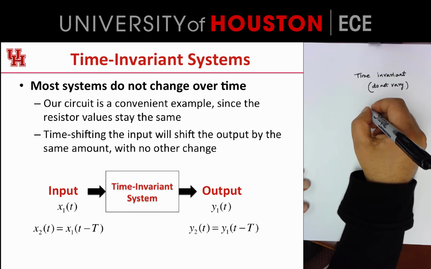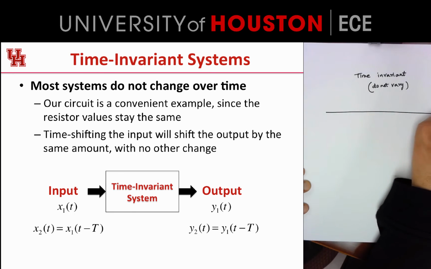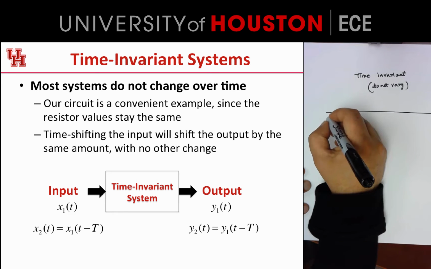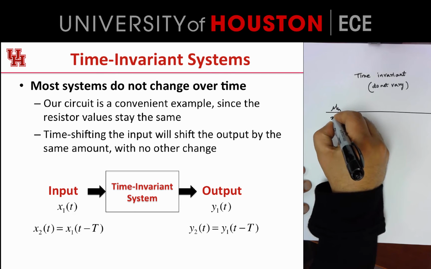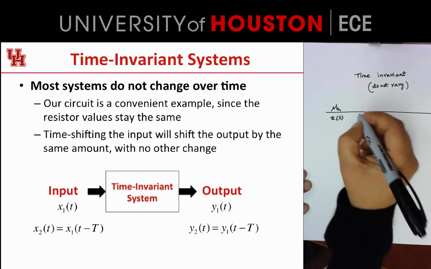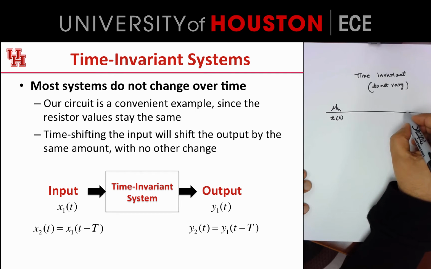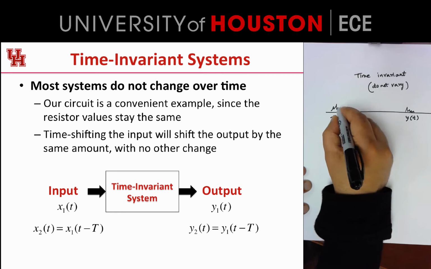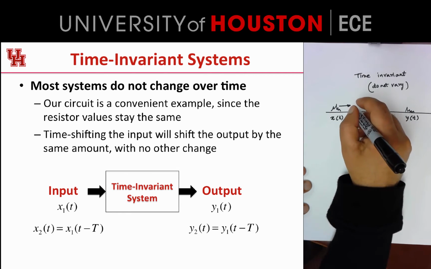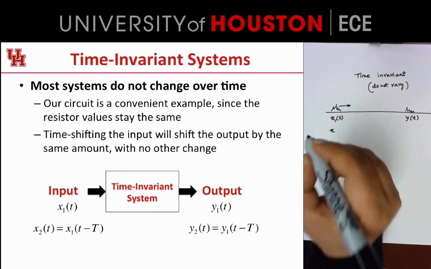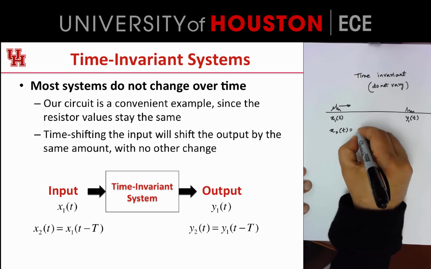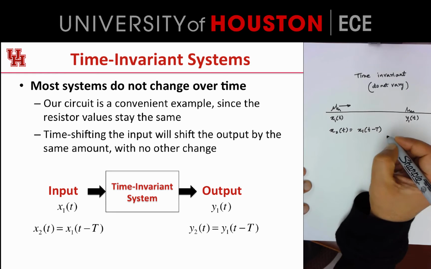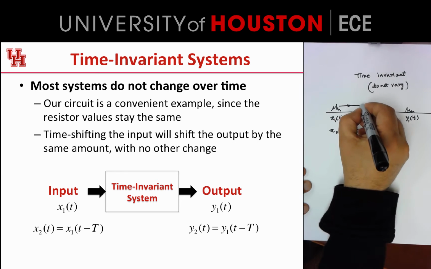So what does that mean? It means that if you had a time axis, and if I had a certain input, say x of t, and suppose that produces a certain output, say y of t. If I were to scooch this a little bit, so suppose I call this x1, and suppose x2 of t is x1 of t minus capital T, where T is some time shift.